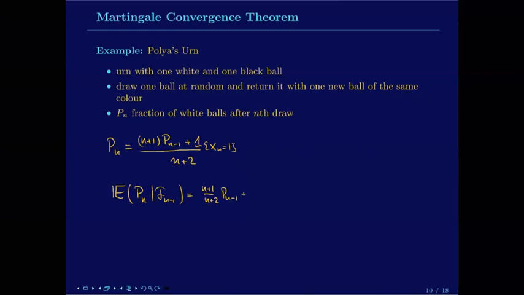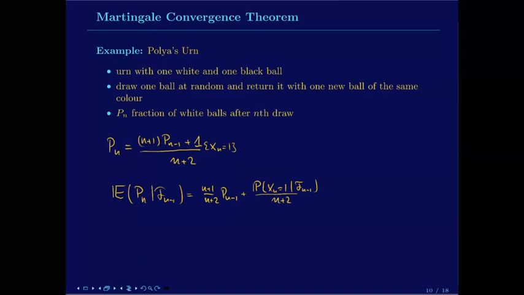And then we have to take the conditional expectation of this indicator function, which actually is simply a conditional probability of the event that Xn equals 1 given Fn minus 1, and that divided by n plus 2.